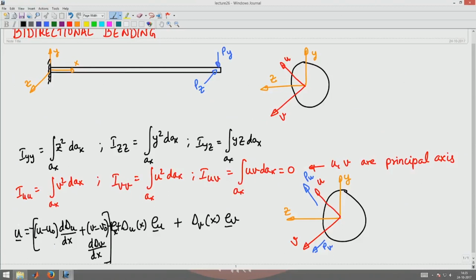Let us see how this displacement field arises when you have bending due to loads applied along both principal axes.